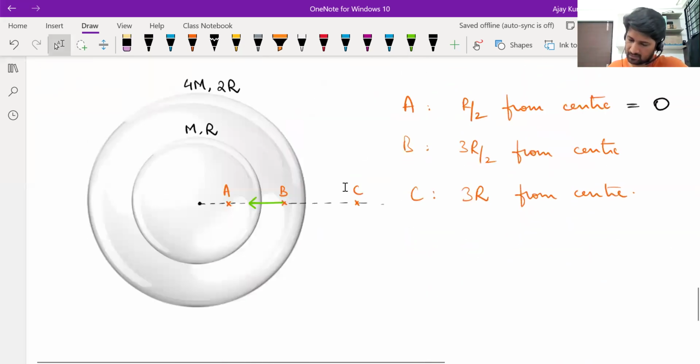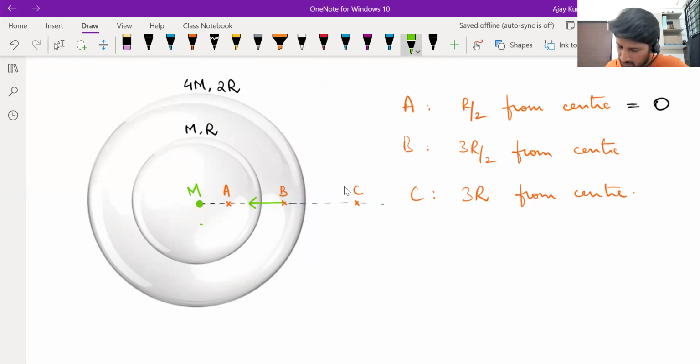Fine. So at point B, only one of these spheres will be producing the field. Which one? The inner sphere. The point B is outside that inner sphere. What is the formula for field outside a sphere? The same formula that you use for a point mass. So we'll assume all the mass of the inner sphere is present at its center. And how far is B from the center?